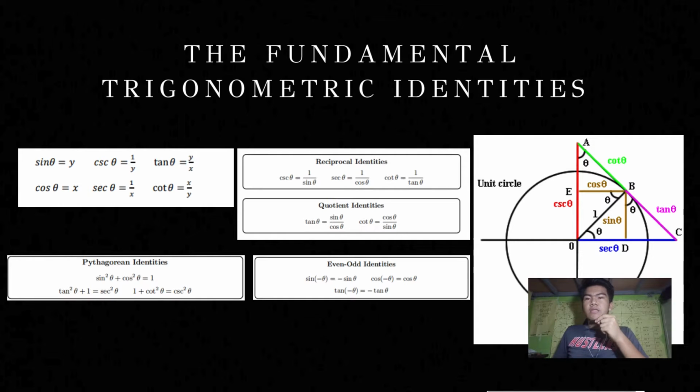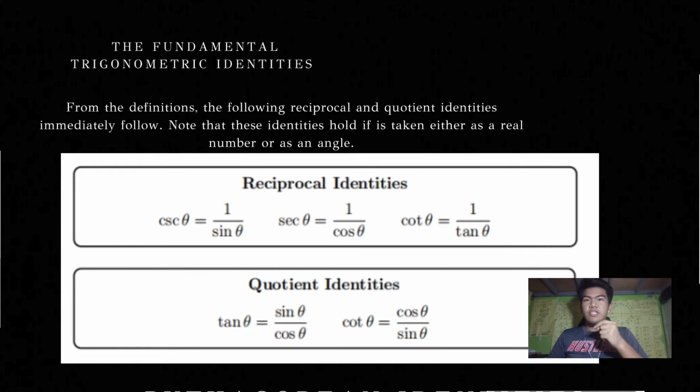Thank you, Karl. Now it is the perfect time for us to tackle the fundamental identities because we already know the values of trigonometric functions inside the unit circle. So the first set of the fundamental trigonometric identities are the reciprocal identities and the quotient identities.